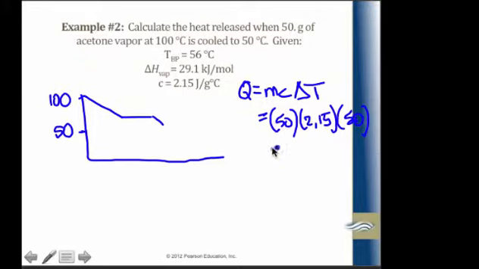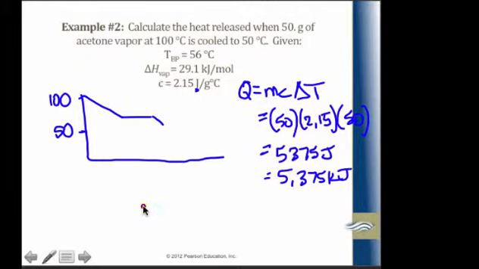That turns out to be 5,375 joules. It's joules on the specific heat in contrast to kilojoules on the heat of vaporization, right? So we need to switch this to kilojoules before we sum them.